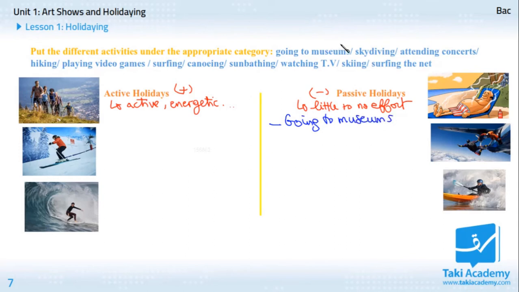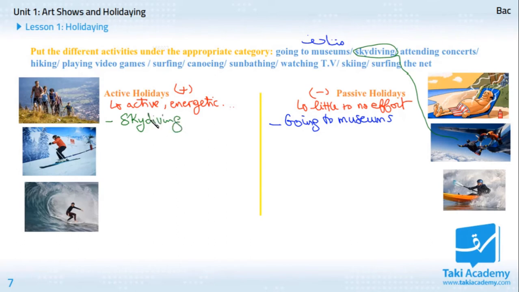And museums are this in Arabic, okay? Now we have skydiving. This is a picture of skydiving. So you jump off an airplane, okay? This is very adventurous and very risky. So it is active. Okay, skydiving.